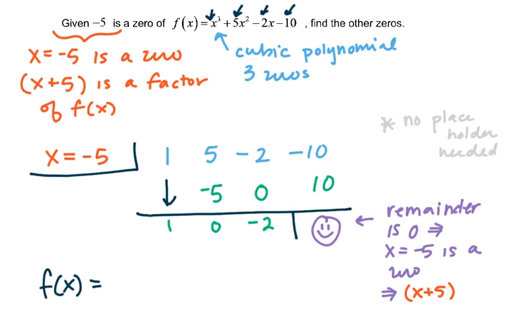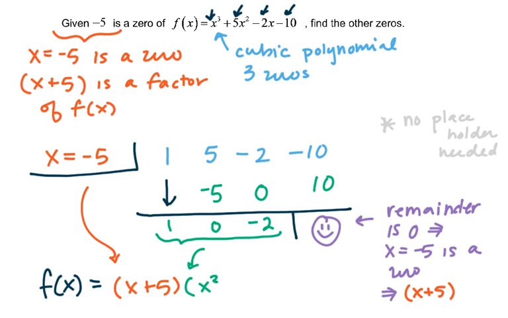I'm going to have f of x equals what would have been my divisor, x plus 5, times my quotient. And remember, the quotient comes from these values underneath here. So that would be x squared plus 0x minus 2.